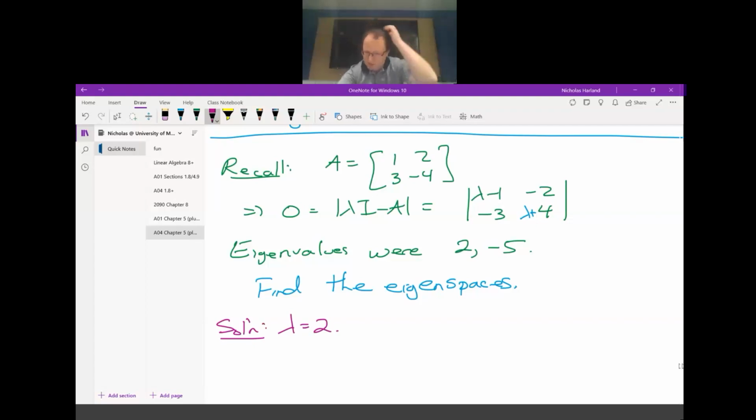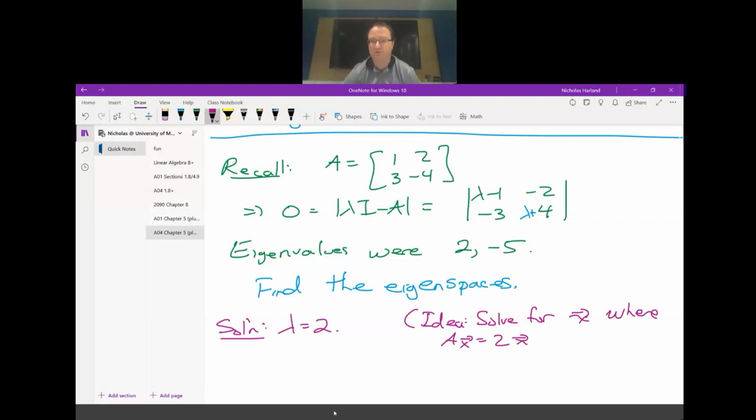Sorry, I usually want to give you a bit more time, but we're running low on time today, and I want to finish this example. So what are we trying to do here? We're trying to find the eigenvectors, aka the eigenspace. What are we trying to solve? We're trying to solve for the vector x where Ax is equal to 2 times x.